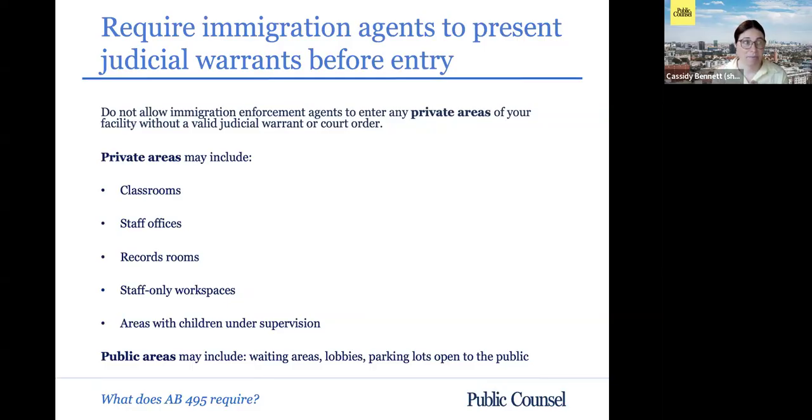Those are areas where the public can enter without permission. So if anyone in the public is allowed to enter that area, then an immigration or law enforcement agent may also enter that area without a judicial warrant or court order during your normal business hours. All right, now the next slide, please.